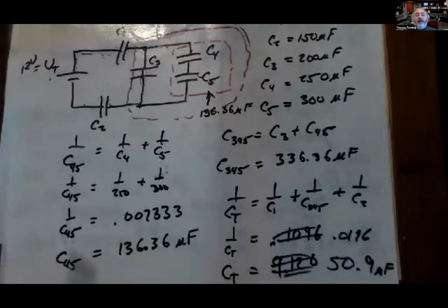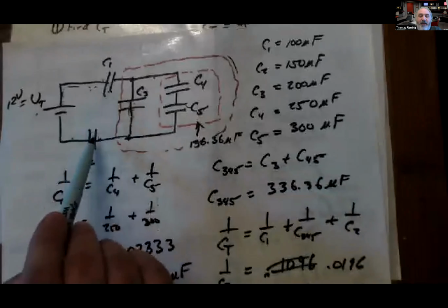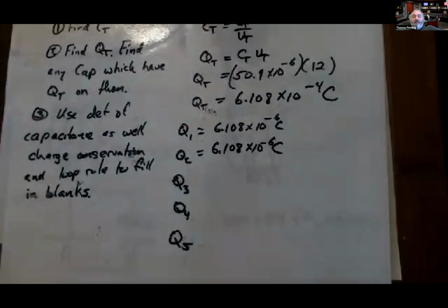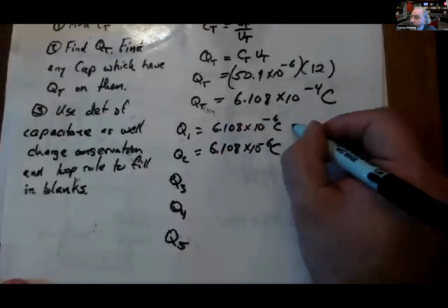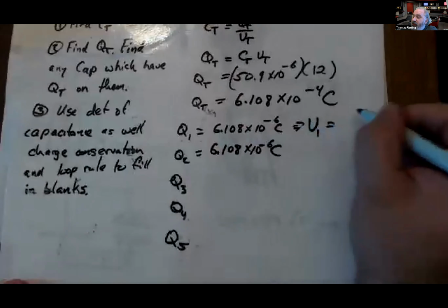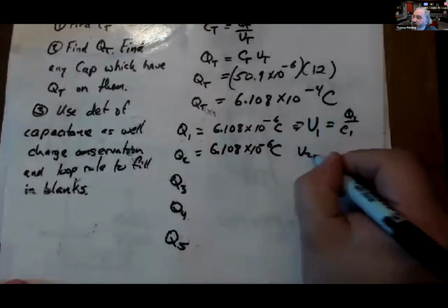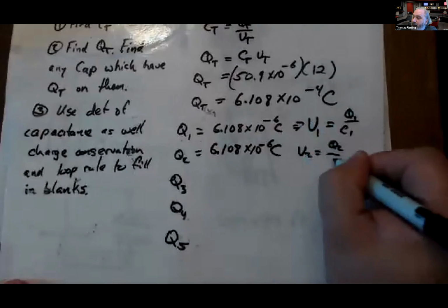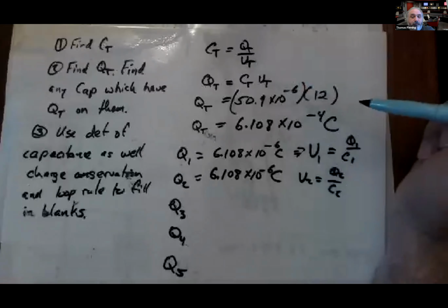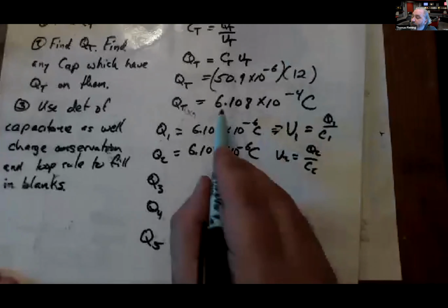Notice I can already tell you some of the voltage drops because I know the charge on these capacitors and I know the capacitance of those capacitors. For Q1, I can find V1. V1 is going to equal Q1 divided by C1. V2 is going to equal Q2 divided by C2 because of the definition of capacitance. Q1 is this.